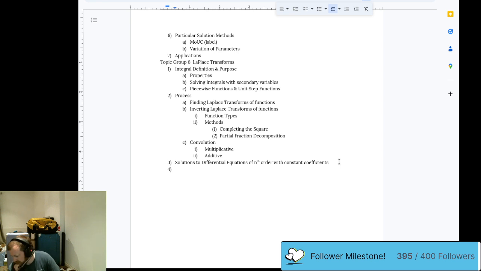We don't even need to set aside a separate thing on this one for applications, because it's kind of all the same as all the rest of the differential equations we've been doing.